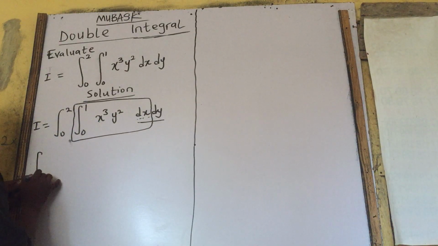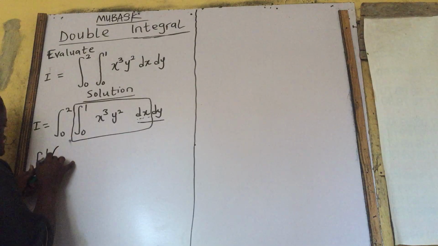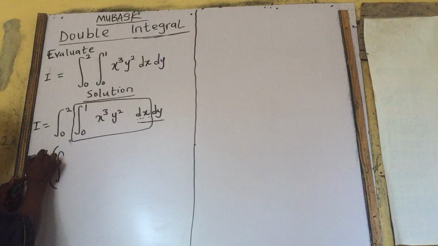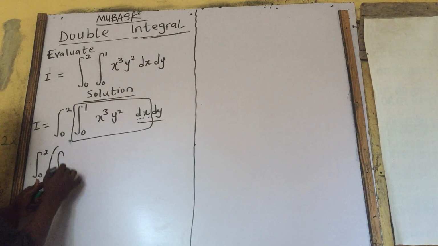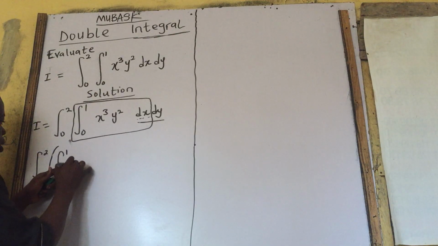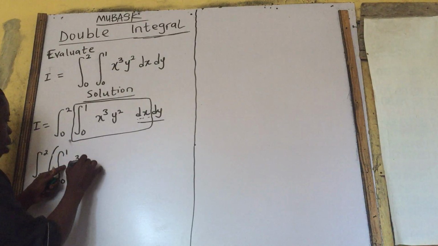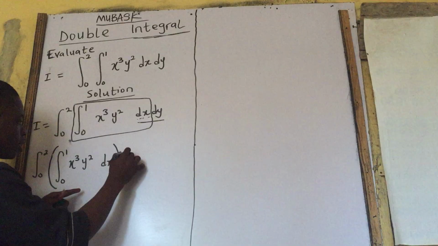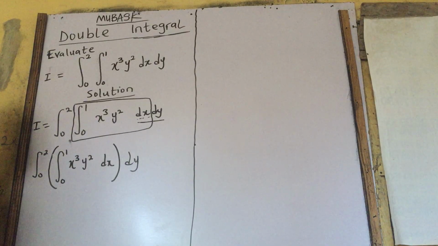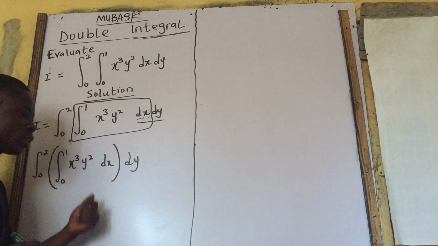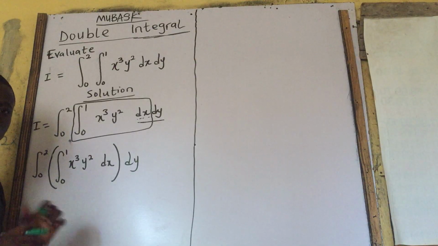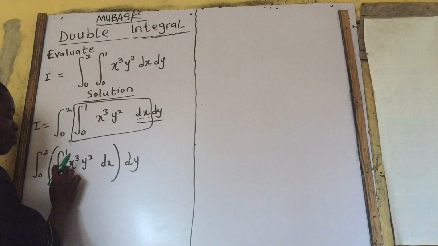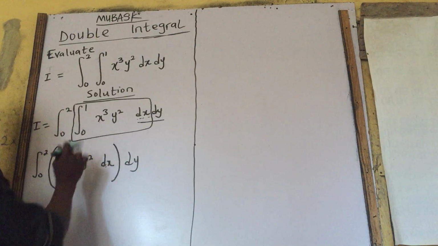Now the integral from 0 to 2, open bracket, integral from 0 to 1, x cubed y square dx, close bracket dy. You have to integrate this by choosing y square as constant, because we are given the variable of x only to integrate.